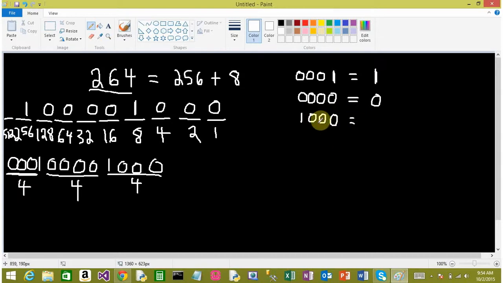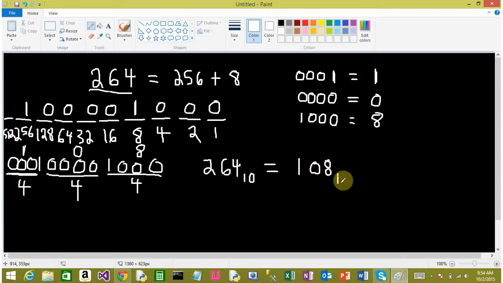So that's 1, 2, 4, 8, so that would give us 8. So just putting these, this is 1, this is 0, and then this is 8. We know that 264, the decimal number, base 10, is equal to the hexadecimal number 108 in base 16.